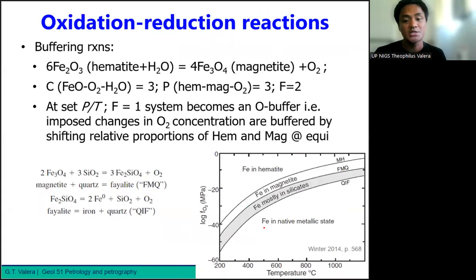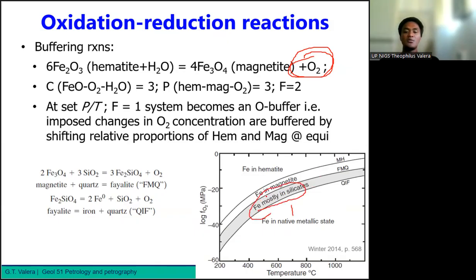And finally, oxidation reactions, same thing. This is more like fluids, so buffering, but due to the ability or mobility of oxygen. Depending on the abundance of oxygen in the system, it may buffer the iron 3 and iron 2, with iron being mostly in silicates, or if you have excess oxygen, iron may be turned into magnetite, and if it's very oxidizing, iron may be in the form of hematite.